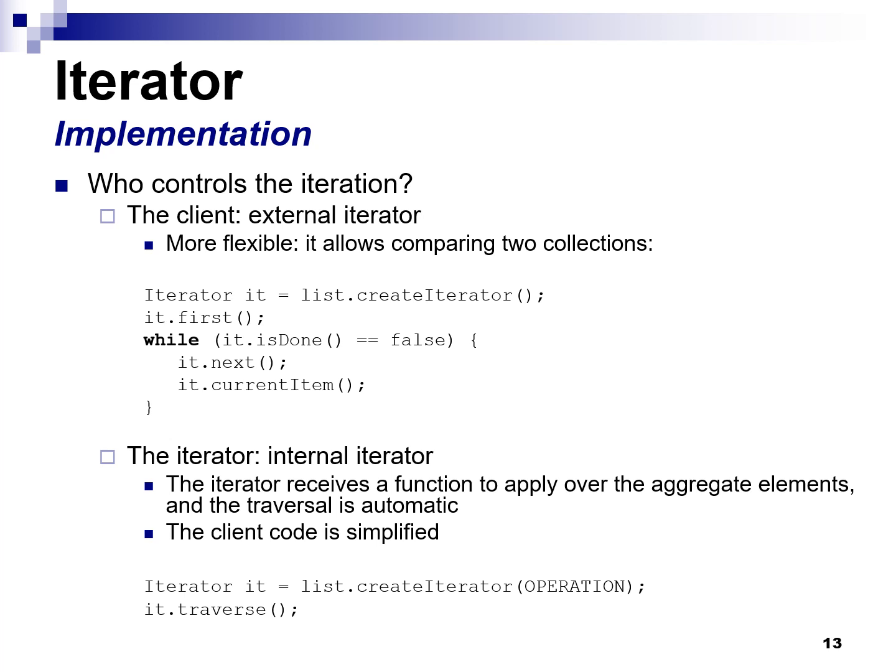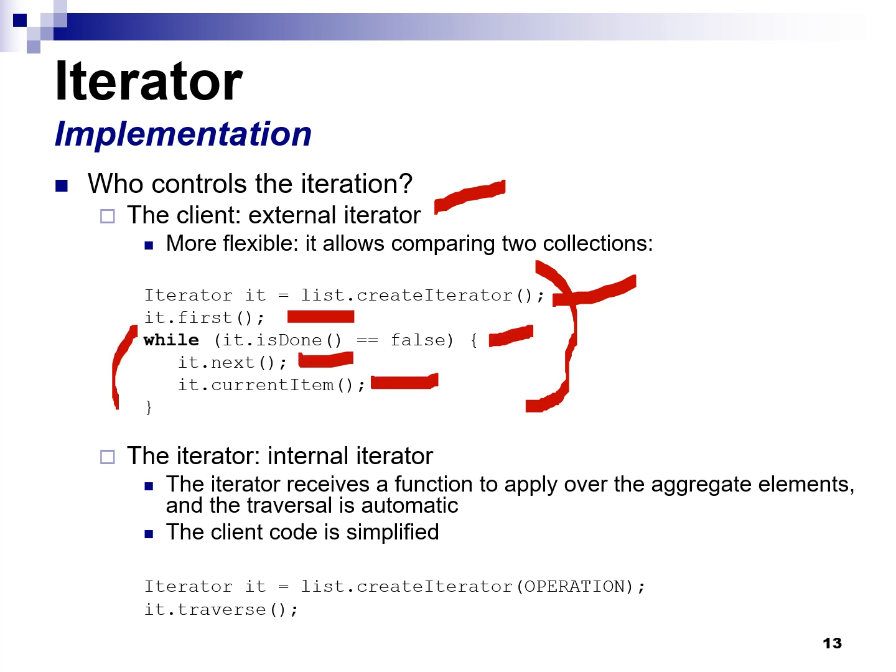Regarding the implementation, it's important to know that there are two types of iteration. One is called external, which is the one we have seen here. We create an iterator, we call first, we call isDone in a loop, and then we call next and current item. That's the external way to iterate.